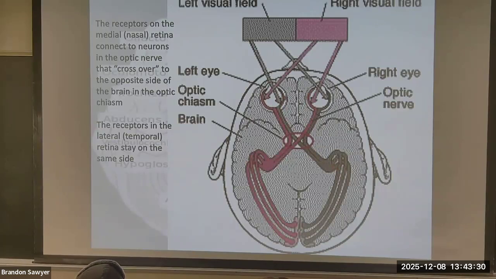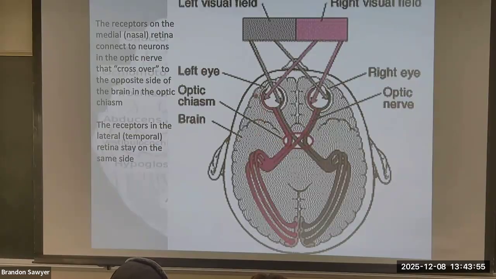So the medial retina from the left eye is connected to neurons that pass through the optic chiasm and go to the right side of the brain. Same thing over here. The medial side of the retina on the right eye, all those neurons go through the optic chiasm and end up on the left side of the brain. Okay, so that's just the medial side.